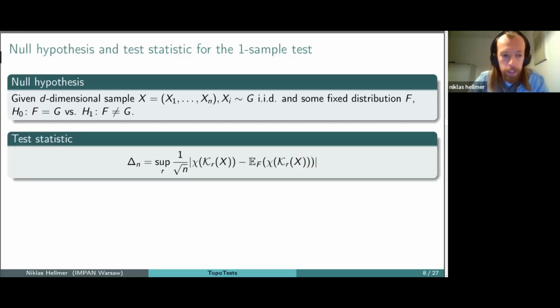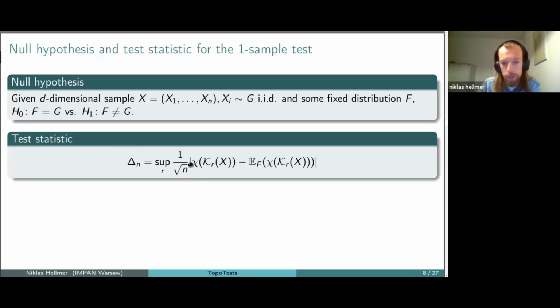Then we have to introduce the test statistic. So remember, in the classical case of the Kolmogorov-Smirnov test, this was just a supremum distance between the empirical distribution function and the theoretical distribution function. And this is now very much analogous to what we have here.